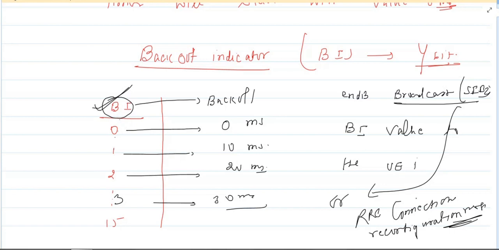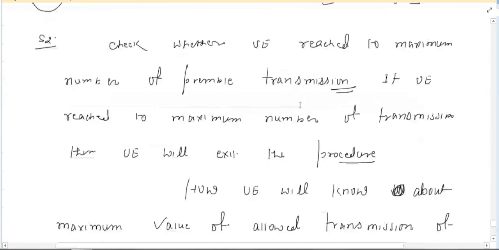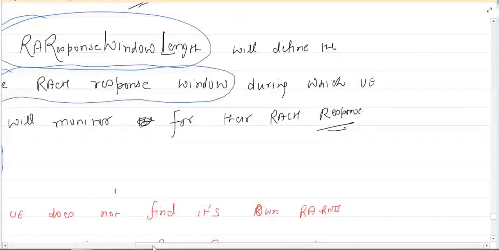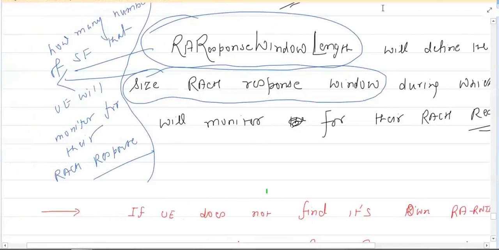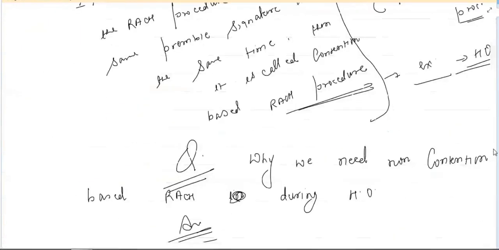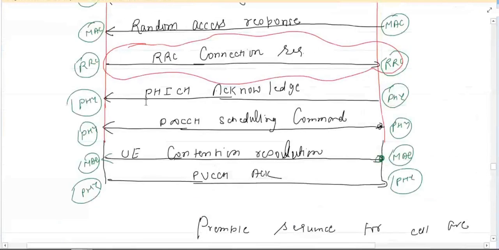So now I hope you clearly understand what will happen if the RACH procedure fails. Clear, Sanjay? Gagan, Suman, anyone? Yes, sir. So this RACH story ends with only the basic part.